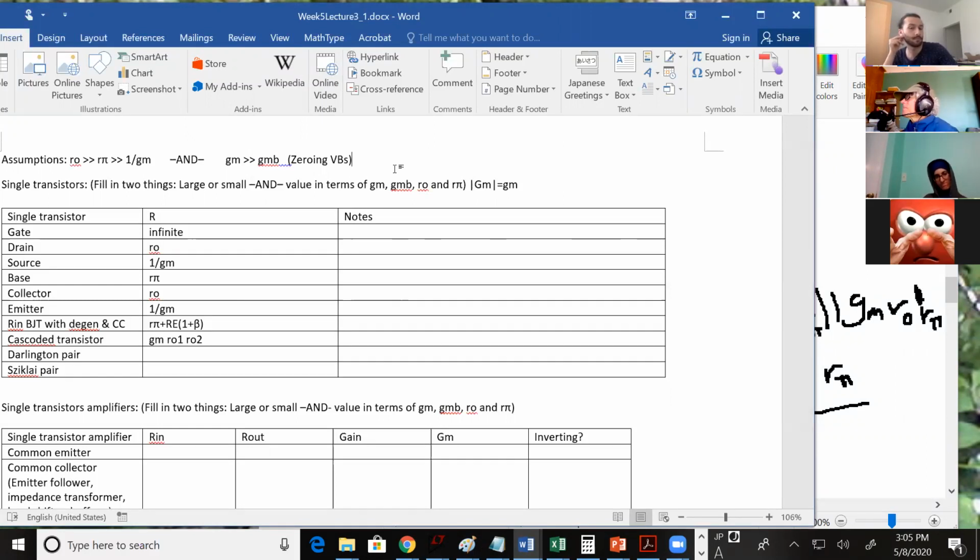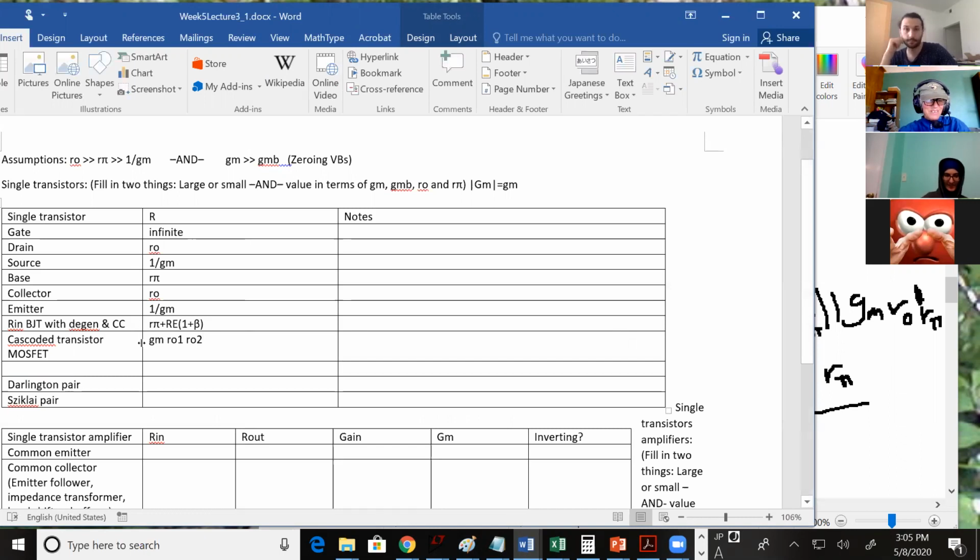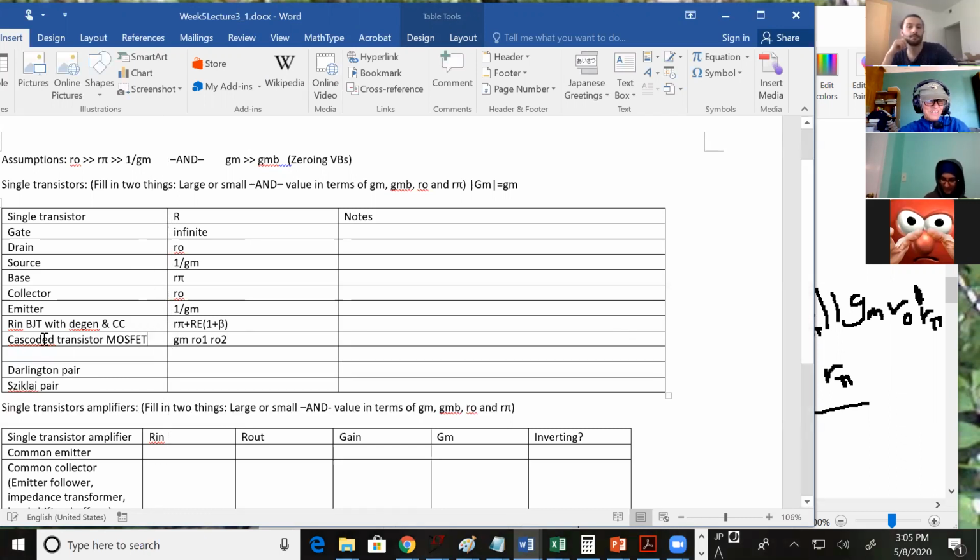So then for a cascoded transistor on your table, are we assuming that's specifically for the MOSFET? Yes. Thank you for correcting all my errors. All right, cool. Thank you.